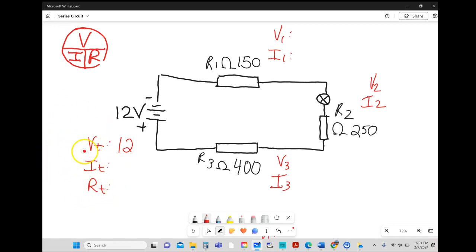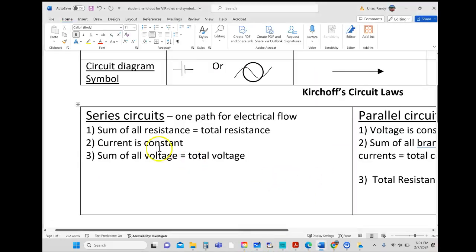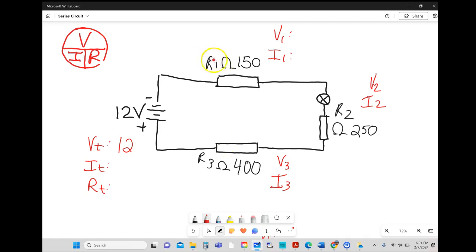I always like to try to find the totals, if possible, before I go off into the circuit. The next thing that I need to do is add up my resistors. Why? Because it tells me to. The sum of all resistance equals the total resistance. So that's 150 plus 250 equals 400, plus 400 equals 800.